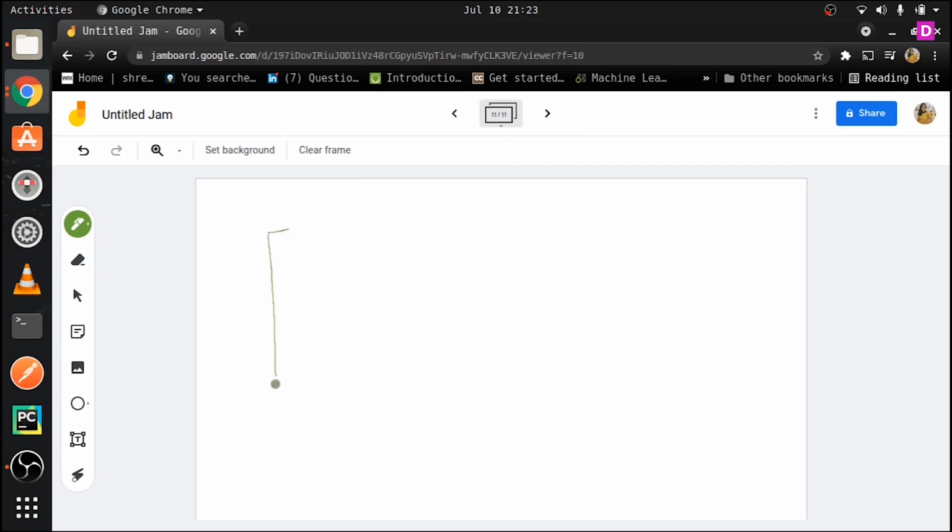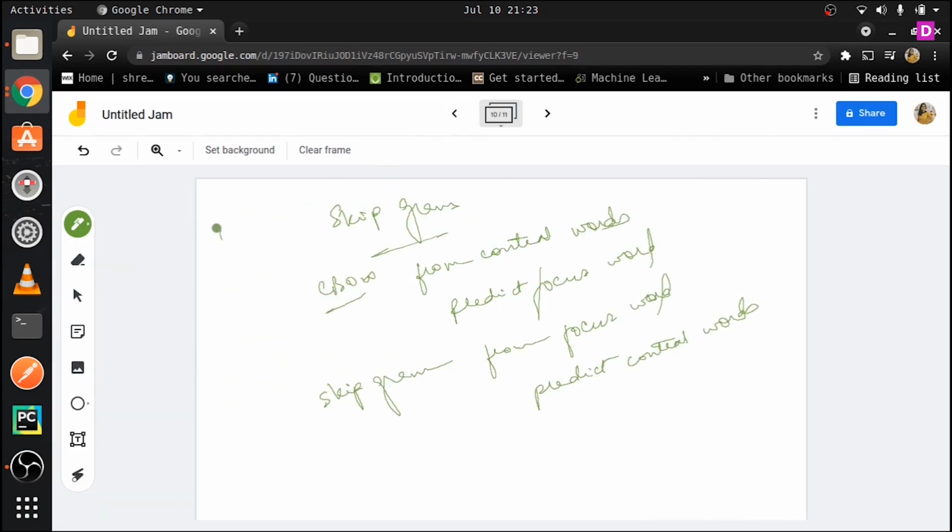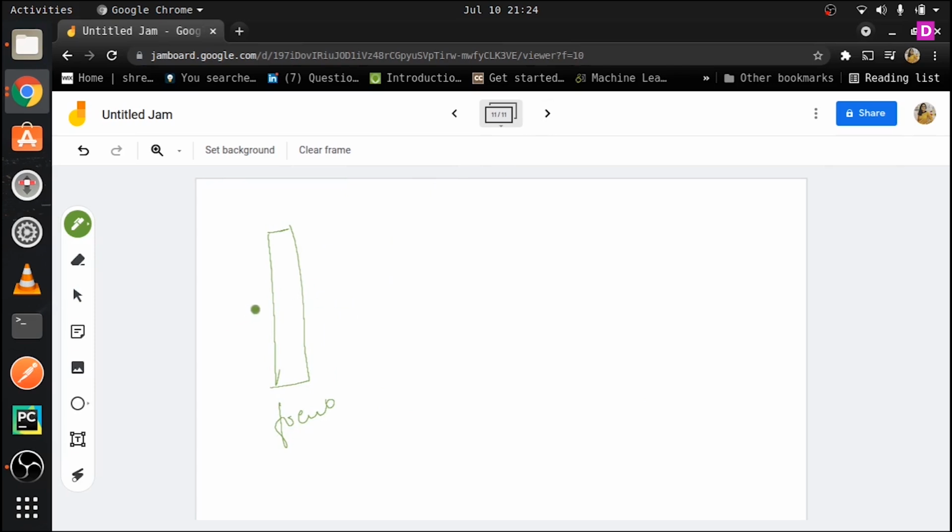So you have one focus word here. The first two steps are going to be the same, by the way. The very first step is identifying a group of focus and context words, and the next step is converting into one hot encoding. Once you have that, we are going to make the auto encoder now.